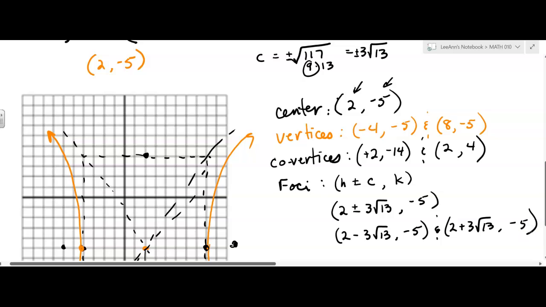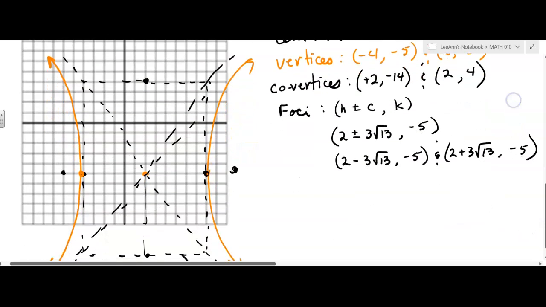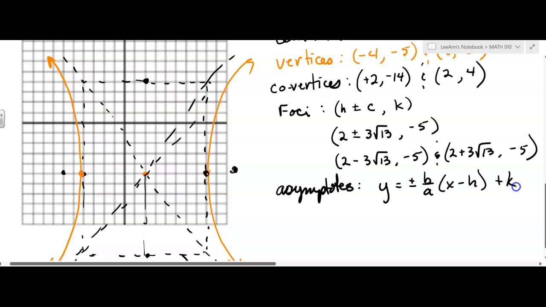And then the other thing we have to do are the asymptotes. So the asymptotes for this kind of hyperbola, a side-to-side one, are y equals plus or minus b over a times x minus h, plus k.